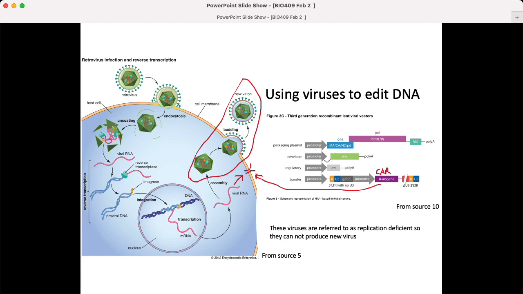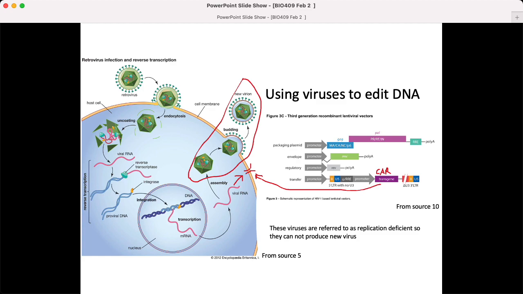But we don't necessarily want that introduced into our DNA so that it can continually produce cells like these and continue to infect all other forms of cells. So they remove that part, and now we are just putting in this transgene right there.